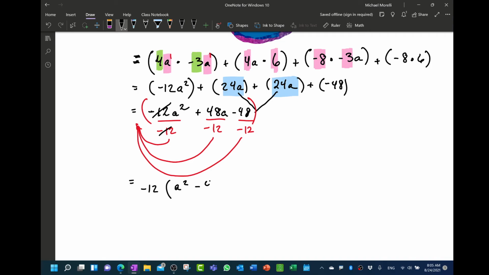And now negative 48 divided by negative 12. A negative divided by a negative is a positive. 48 divided by 12 is 4. So this is plus 4. Now, when we get a little bit further along in algebra, you might be asked to factor this, right? But right now, that's all we need to do.